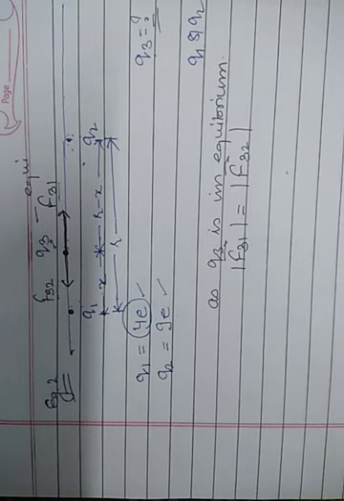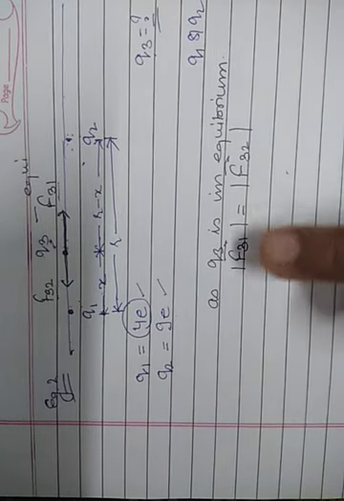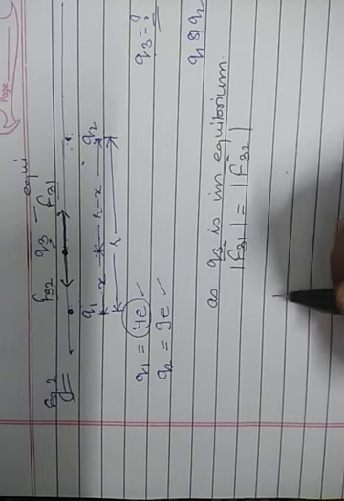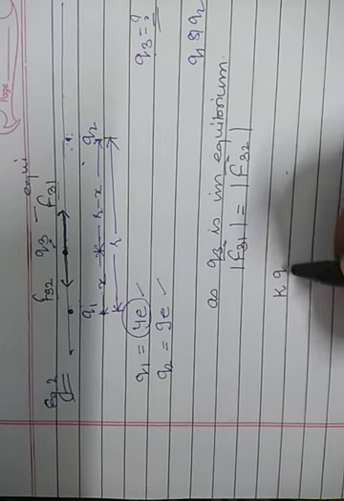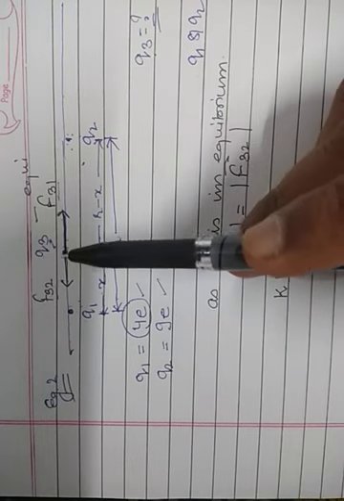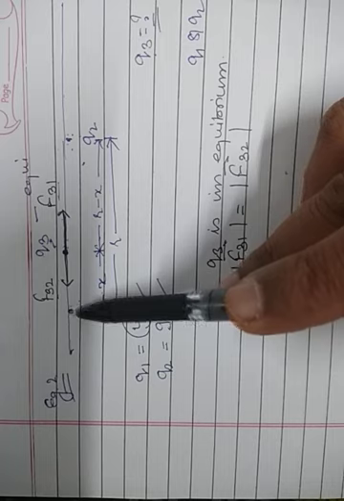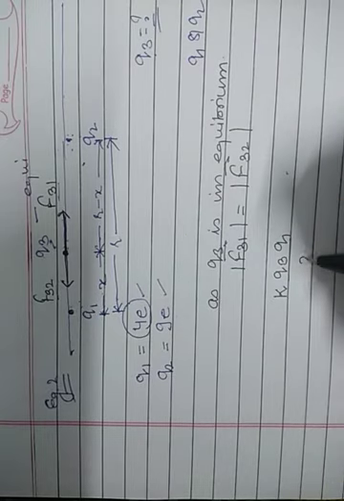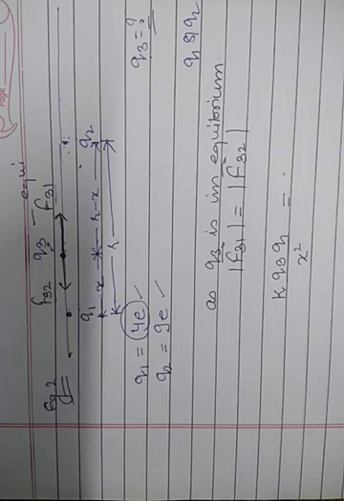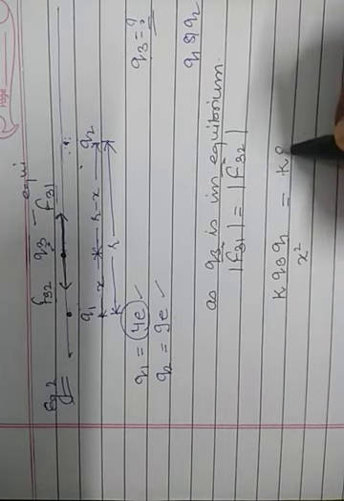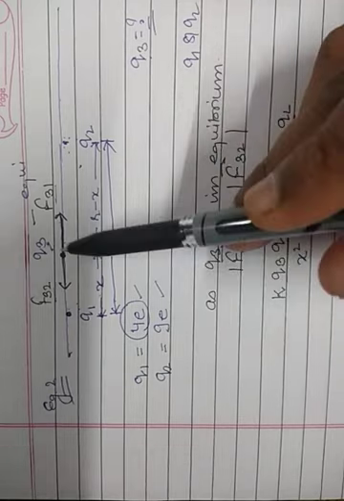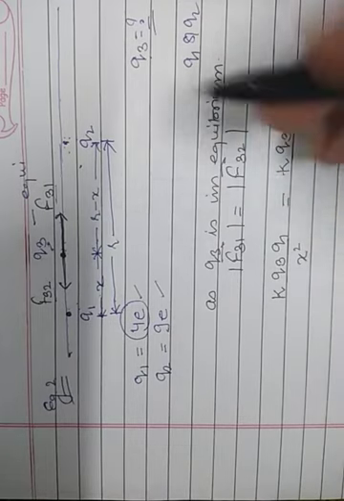The magnitude of the two forces will be equal. Now F31, the force between q3 and q1, equals k q3 q1 over the distance between 3 and 1, which is x, so x square. Now the magnitude of F32 is k q3 q2 over the distance between 3 and 2, which is r minus x, whole square.